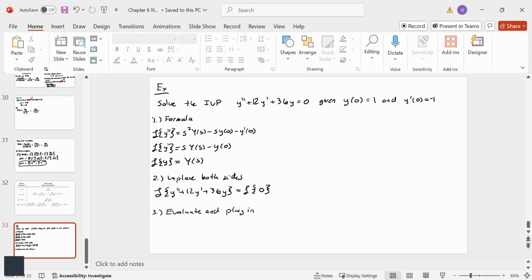Just going straight into it, it's going to be s squared Y(s) minus s y(0) minus y prime of 0, plus 12 times s Y(s) minus y(0), plus 36 Y(s) equals 0, right?